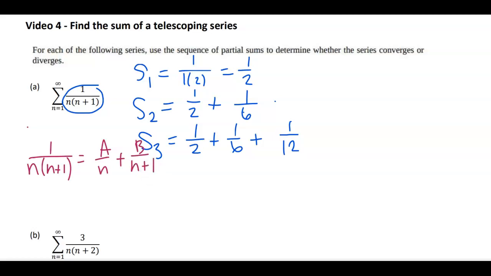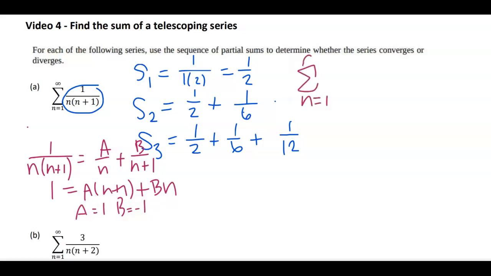And when I do that, if n is -1, I get that b is -1. And if n is 0, I get that a is 1. And so I'm really looking at this series, and this is a partial sum that might make a little bit more sense to look at.